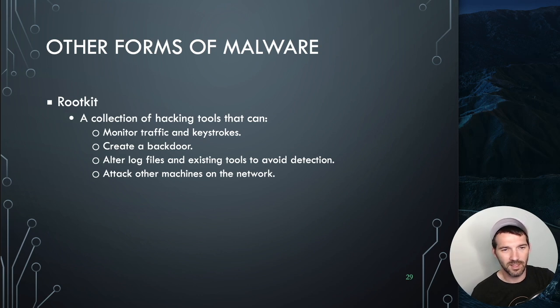Rootkits are basically the gold for malicious actors because you can get into the system, change audit logs, change passwords, create new accounts, hide software on the computer, you can do all sorts of stuff. So rootkits are bad business.